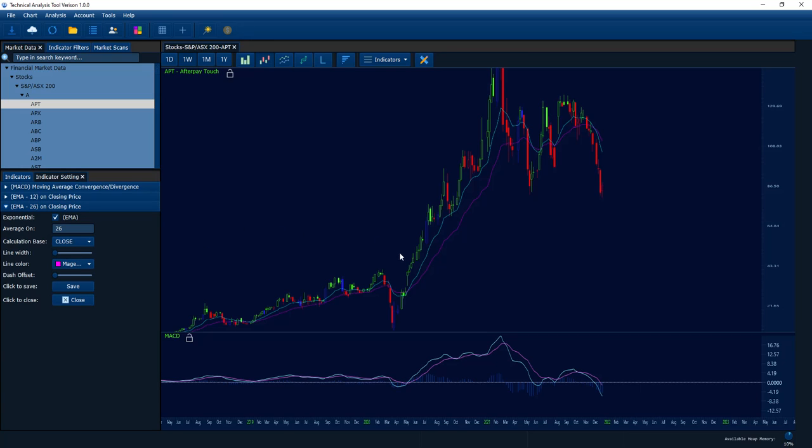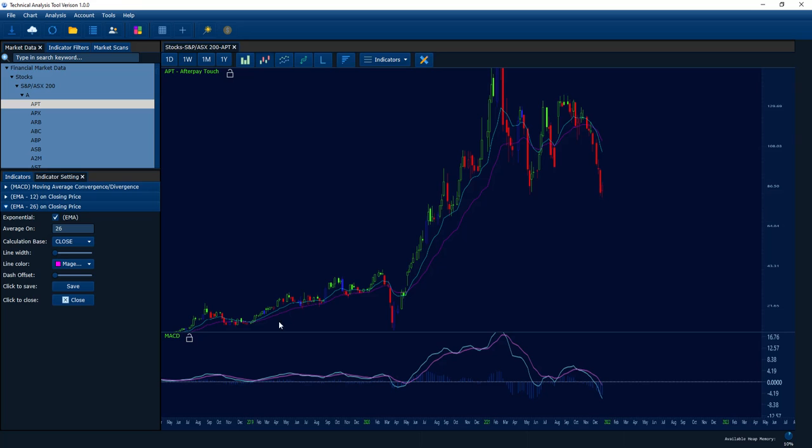It takes the fast EMA value, subtracts the slower EMA value, and you get a value. That value is our MACD value.